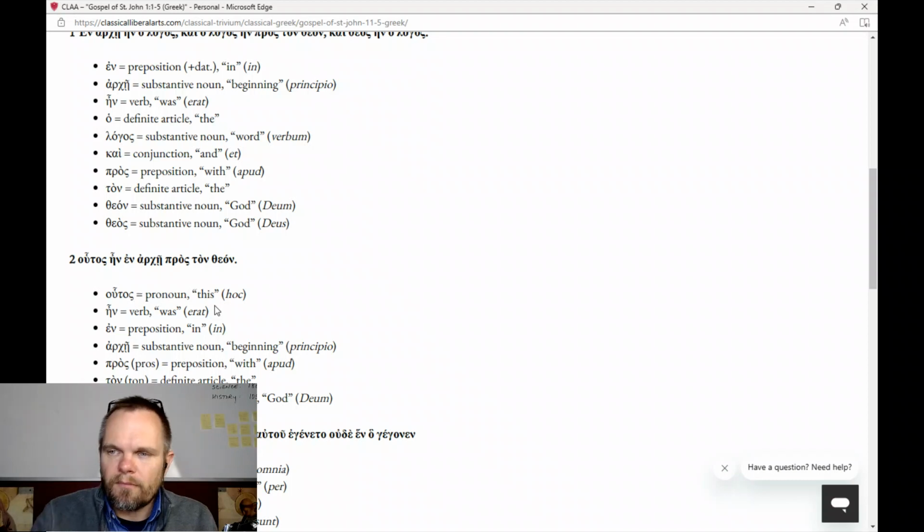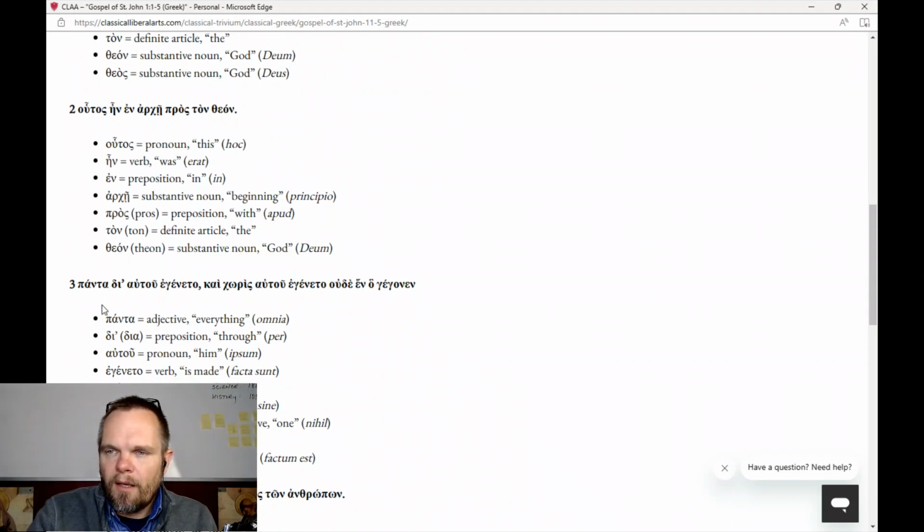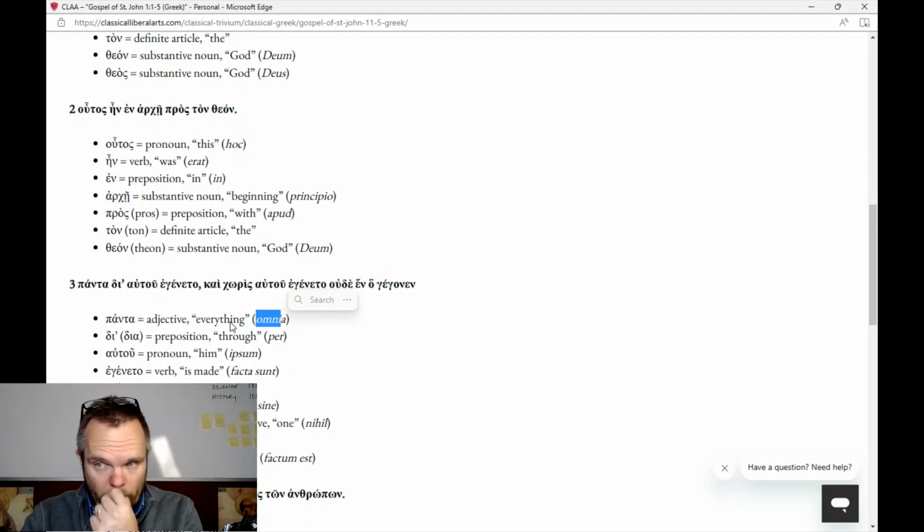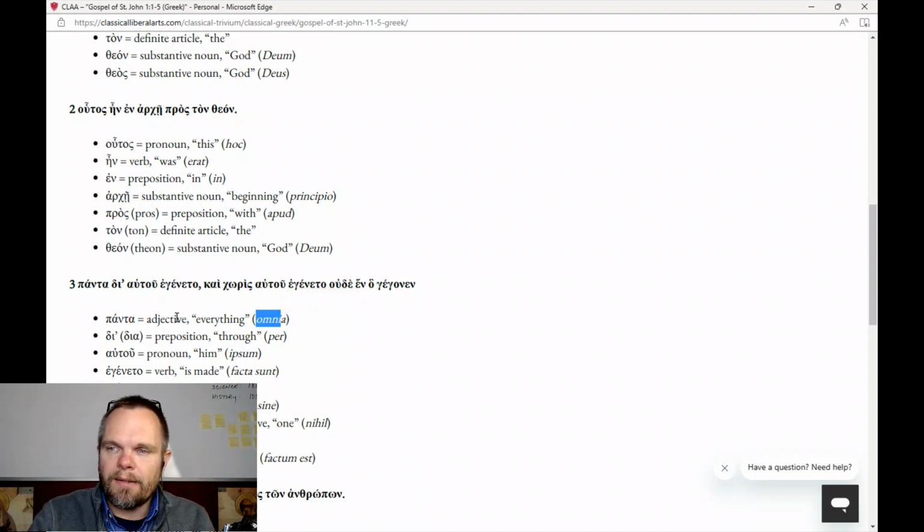Hutos. Verse 3. Panta di autou egeneto, kai choris autou egeneto, ude hen ho gegonen. Panta is an adjective that means everything or all things. It's equivalent to Latin omnia, so everything or all things. Panta.